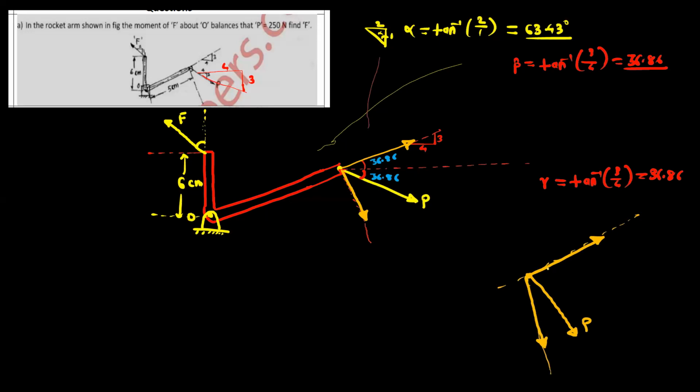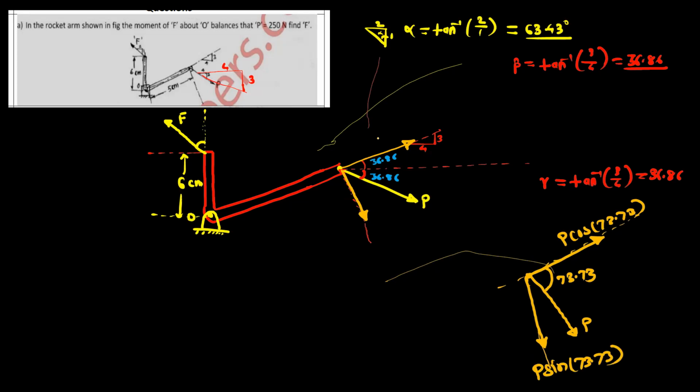This total angle is 36.86 plus 36.86, so it is 73.73. This component is adjacent to this angle, so it is P cos 73.73, and this is the opposite component, so it is P sin 73.73.